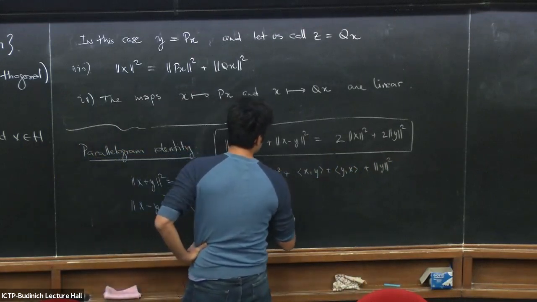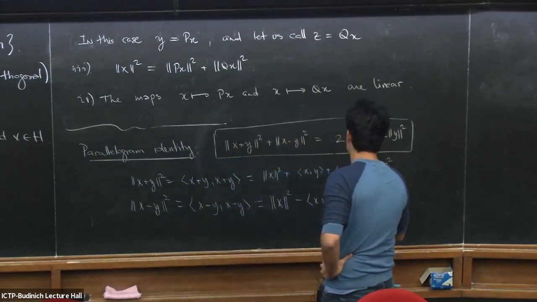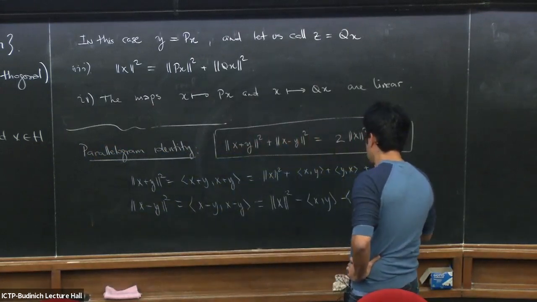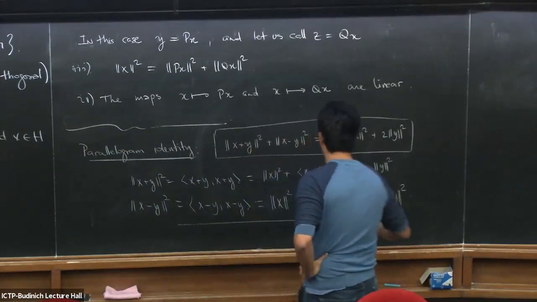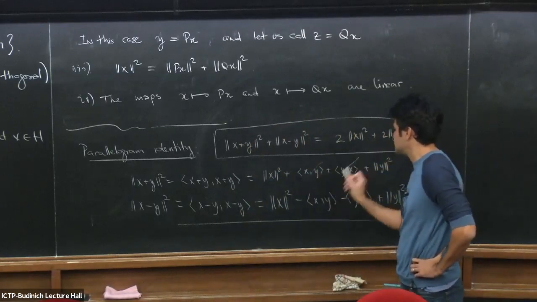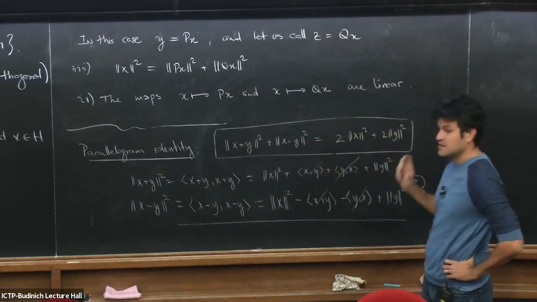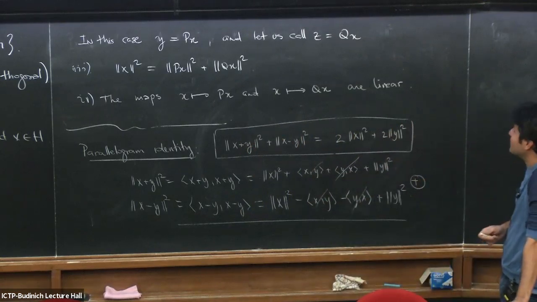This is x squared minus xy minus yx plus y squared. And you just add up these two. Cancel these cross terms, and you get your identity. So this is very innocent, but it has a lot of power. And again, this holds in any Hilbert space.